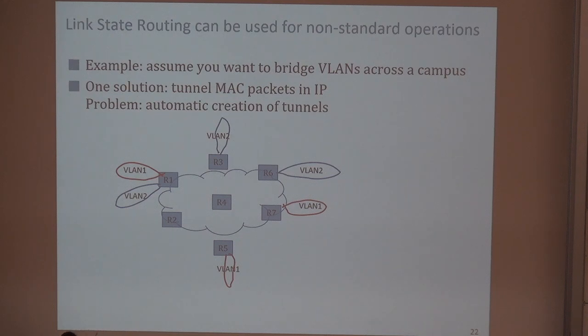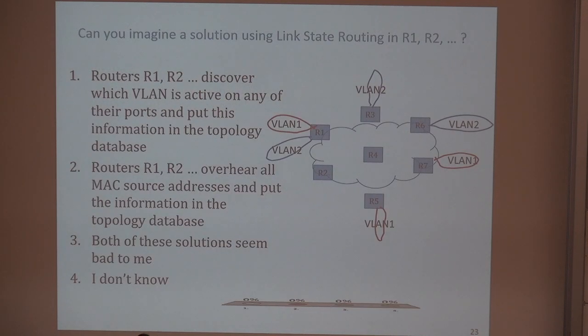And if we apply the spanning tree without any subtlety, we will need all the R boxes to be spanning tree bridges and to build a blue and a red spanning tree. There's an alternative to this, which can use link state routing, which I would like you to imagine.